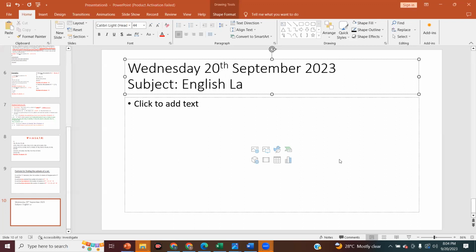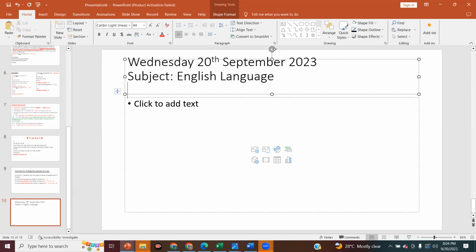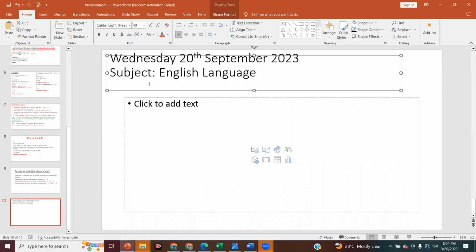Independent clauses form a complete thought, a complete sentence. But dependent clauses, what do they typically start with? A subordinating conjunction. Subordinating conjunctions like what? Although, since, because.